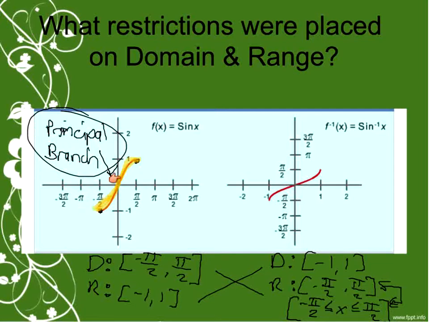The principal branch is the widely accepted portion of the graph that makes it a function. It means they're not going to make you pick a piece of the function. They've already picked it for you. The principal branch is the main portion of the graph that makes it a function when you take the inverse.